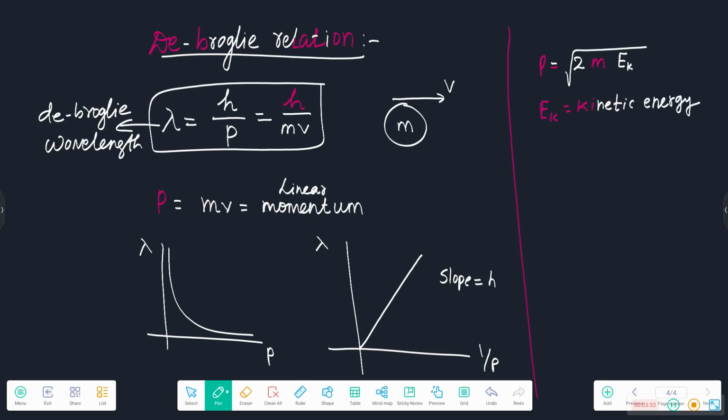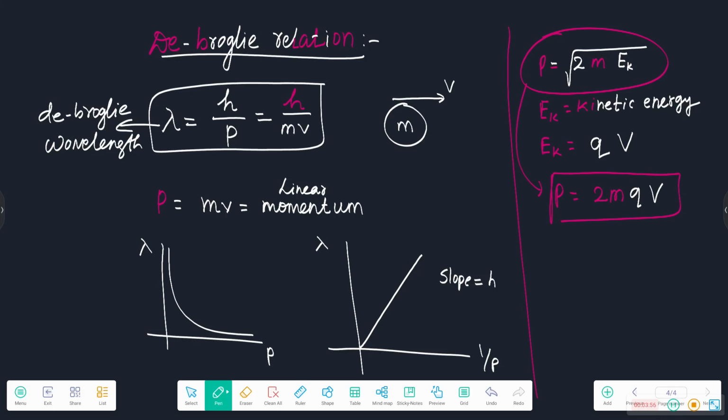And if a charged particle is accelerated with potential V, then this kinetic energy will be q times V. That means the same momentum can be written as p equal to root under 2m qV. Yes or no?